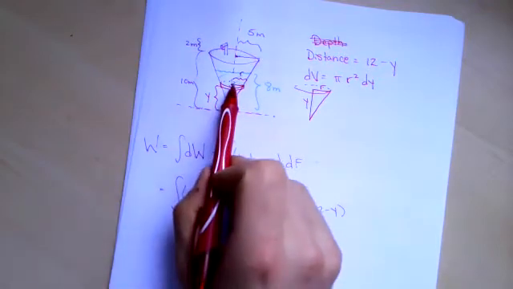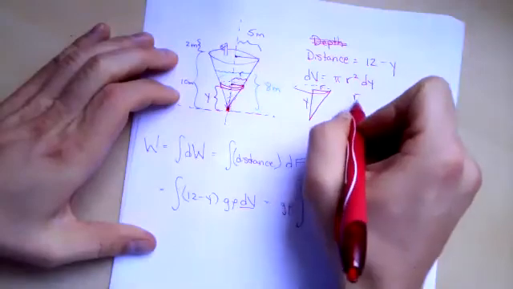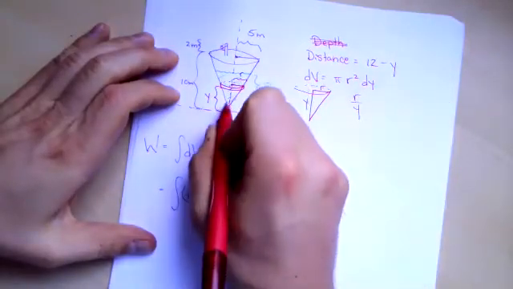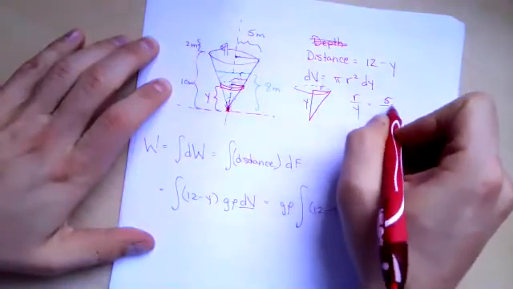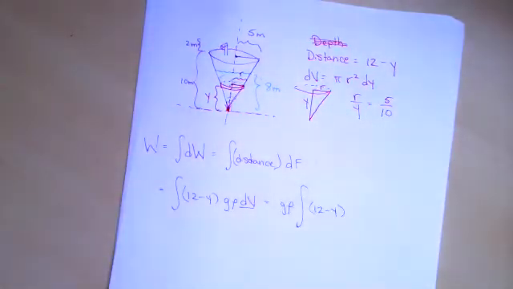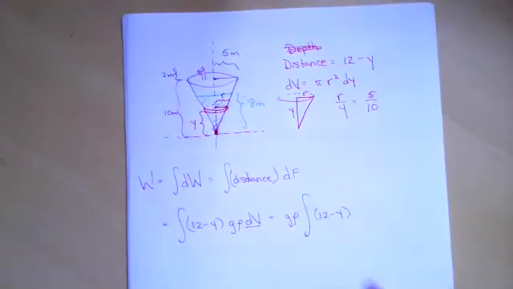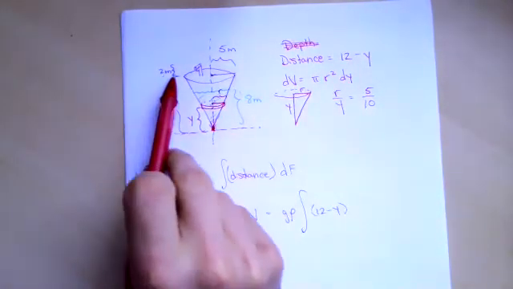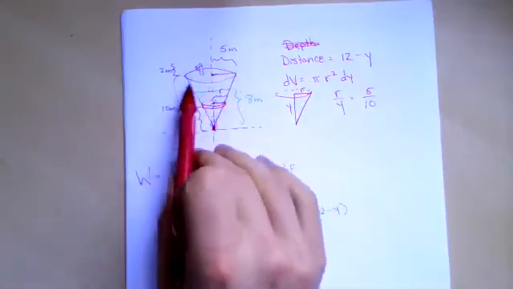The other thing we can use is similar triangles here. So my r over y should be 5 over 10. This is a point where you want to be a little careful about where all the numbers are coming in. That 2-meter spigot doesn't matter, right? It's not part of the geometry of the cone.